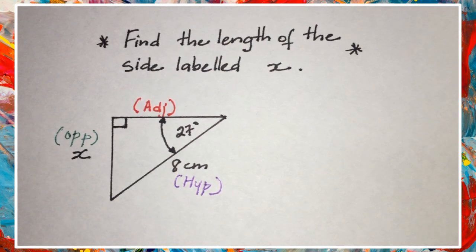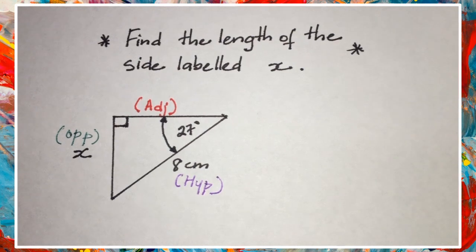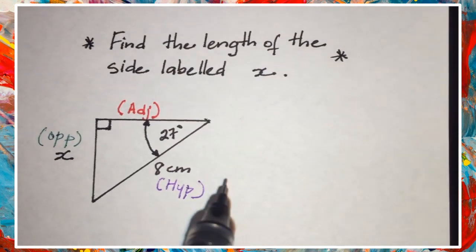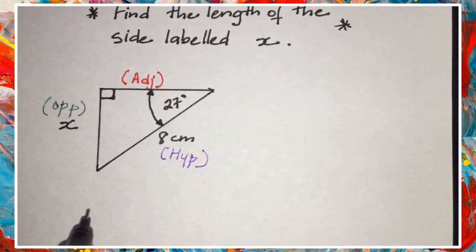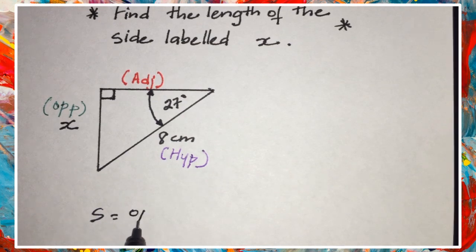So which ratio are we going to use? Let's test it. Remember the three ratios that we have? We have sine, which is opposite over the hypotenuse.